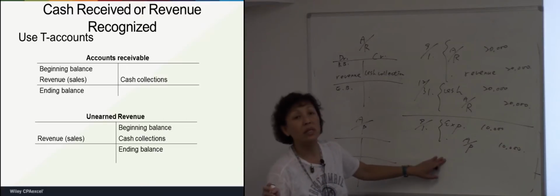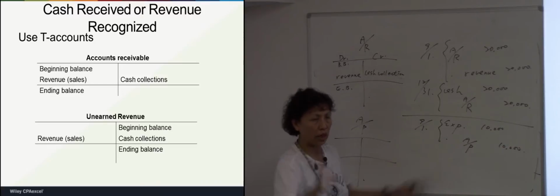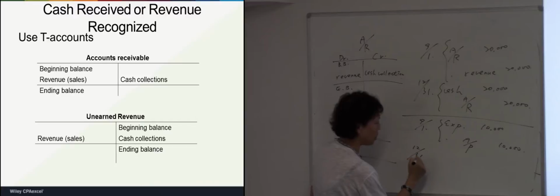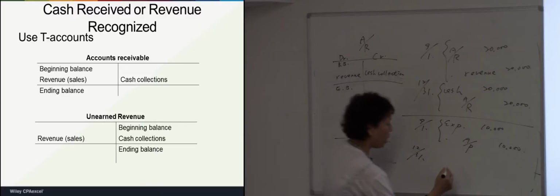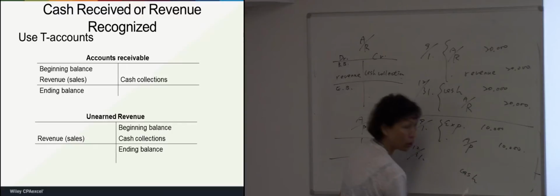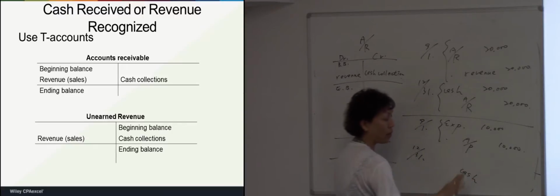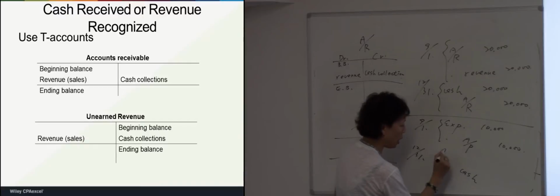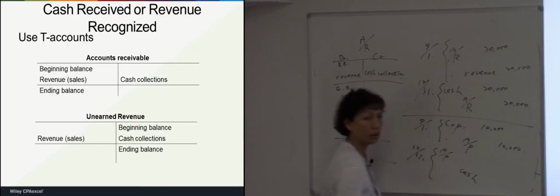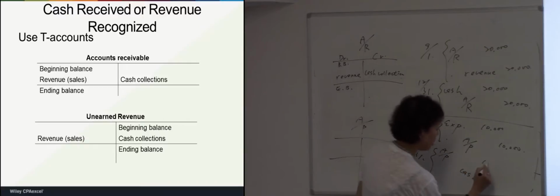If we are given credit for 4 months, then on December 31st, I should pay cash to the supplier. So I put cash in the credit side, and after I record cash, the balance in the AP account will be reduced. So we have to move AP to the other side, for 10,000.